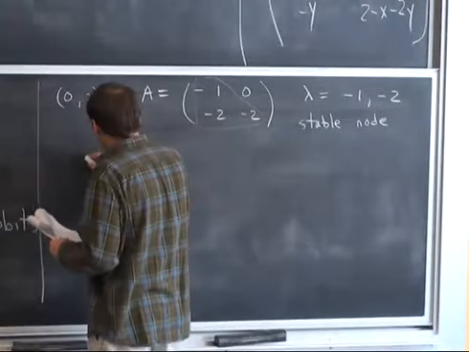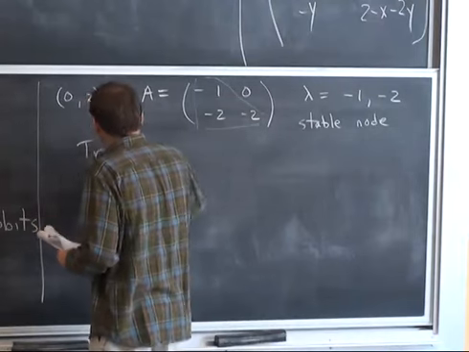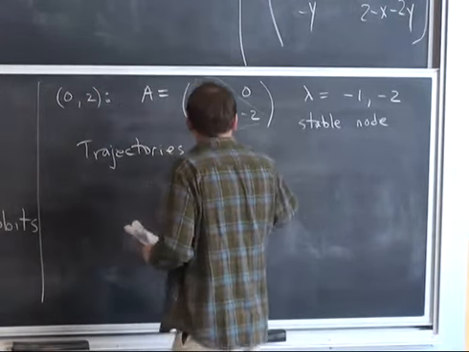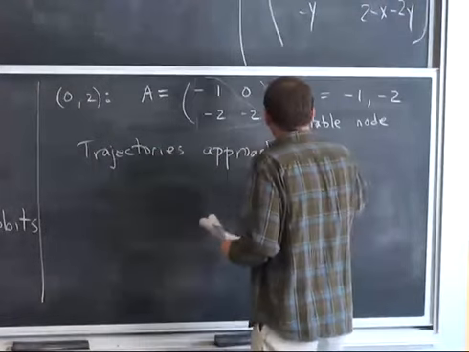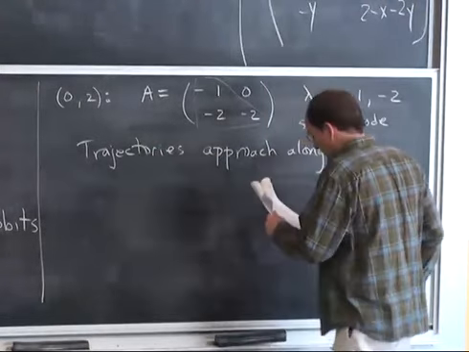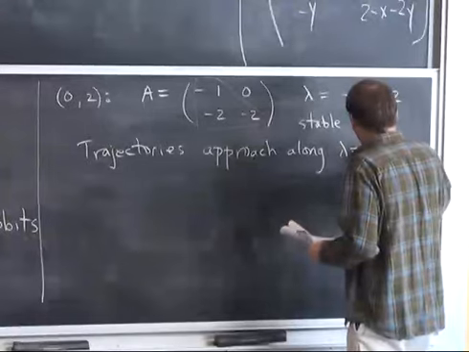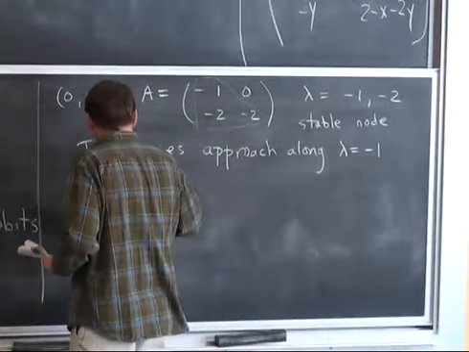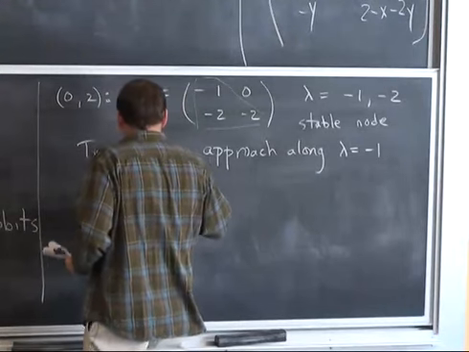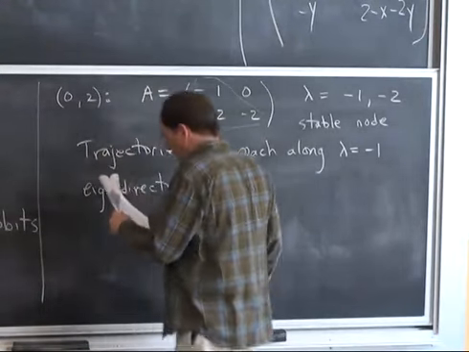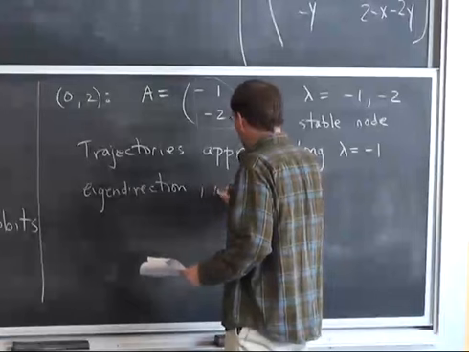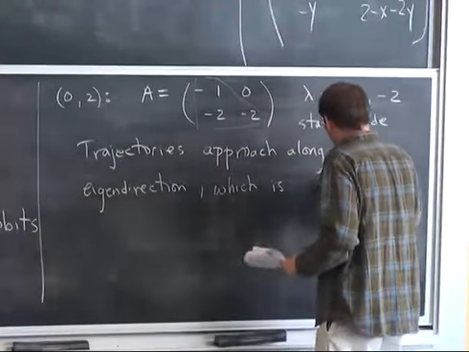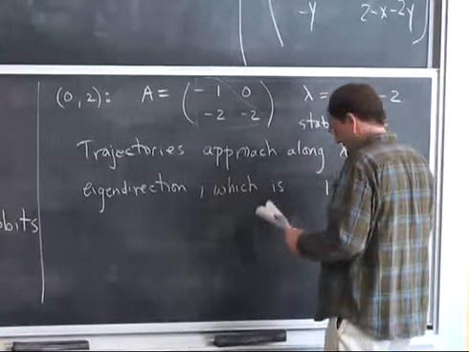The trajectories approach the stable node along the lambda equals -1 eigendirection. Which you can compute is 1, -2.